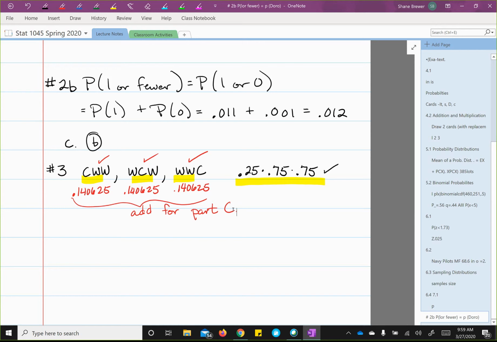Number 8. So they're just giving us this setup: 12% of respondents believe that it's bad luck to walk under a ladder.